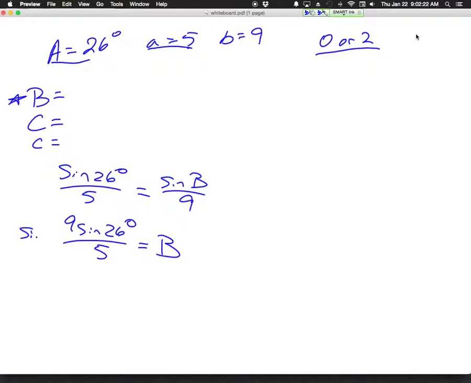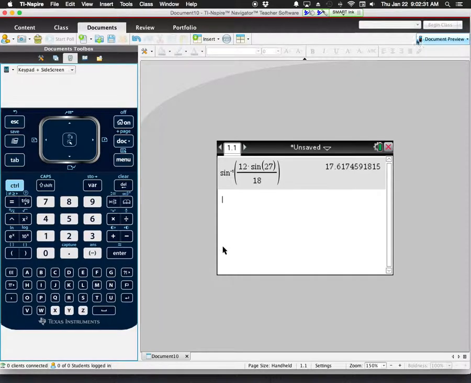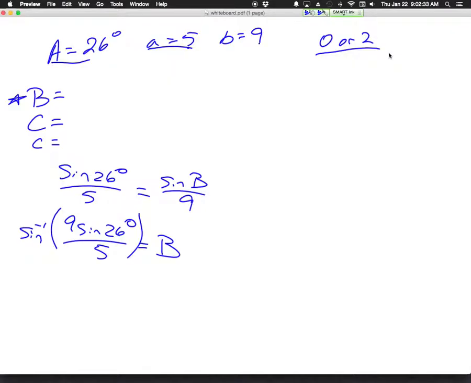So I'm going to go ahead and do that all at once. So I need inverse sine of 9 times sine of 26 over 5. So somebody do that for me. 52.1. So we'll go with 52.1.